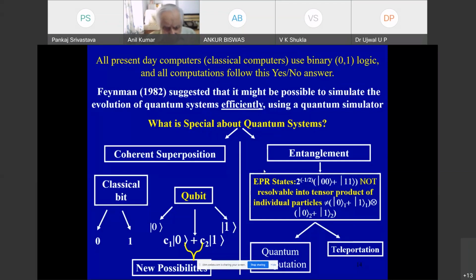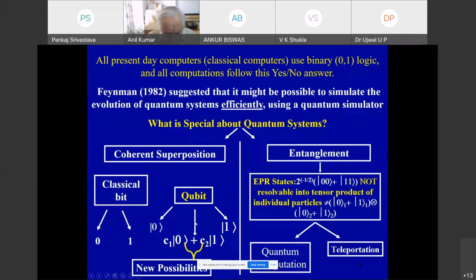So what is so special about quantum systems? There are two important properties: coherent superposition and entanglement. A classical bit can exist either in 0 or 1, but a quantum bit can simultaneously exist in 0 and 1 with different coefficients.